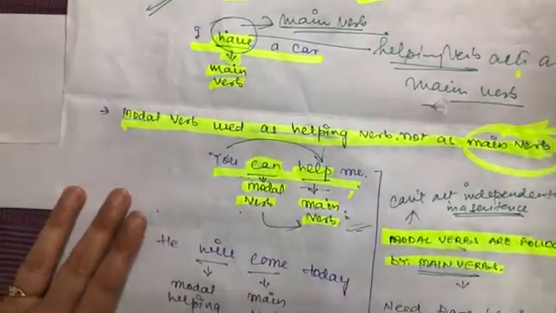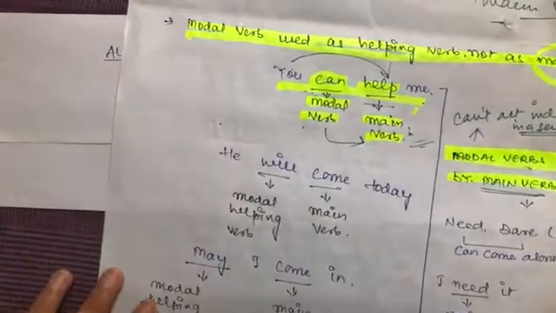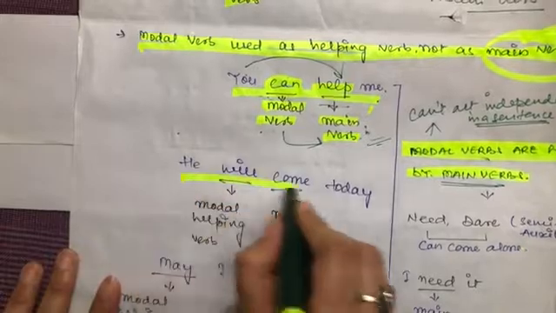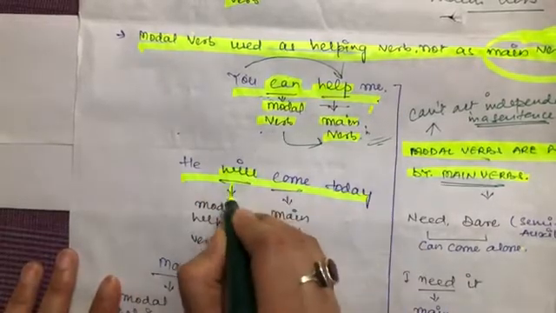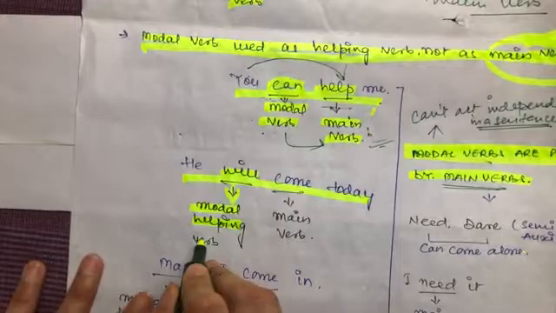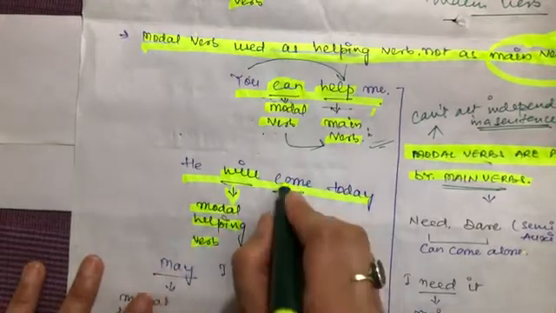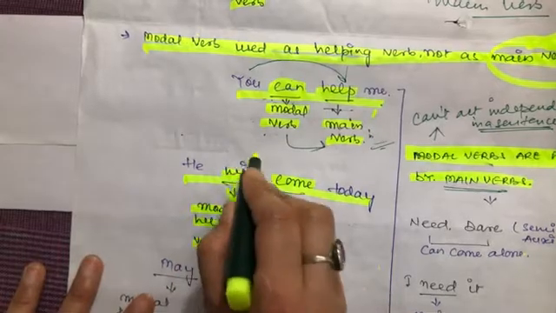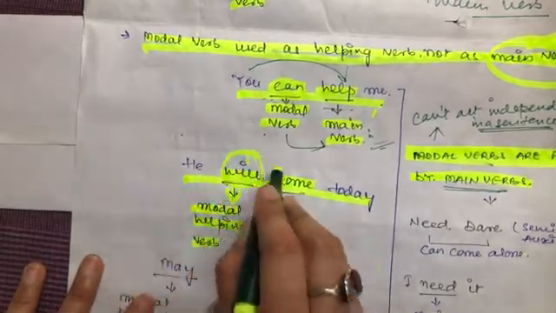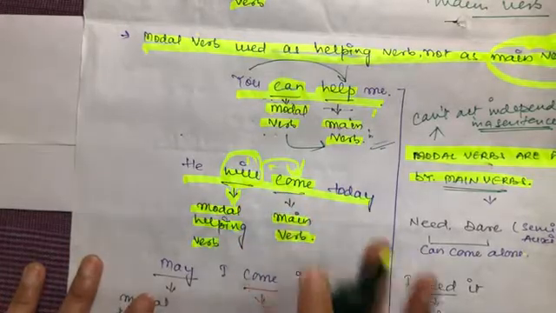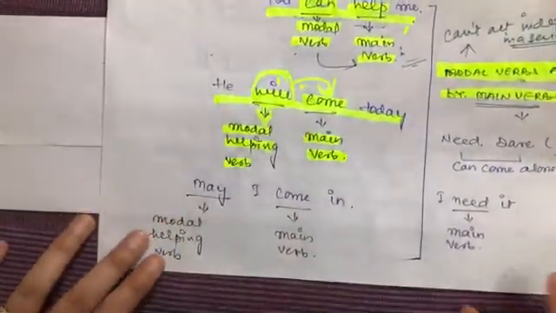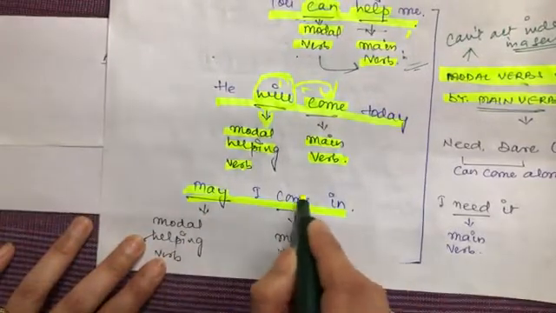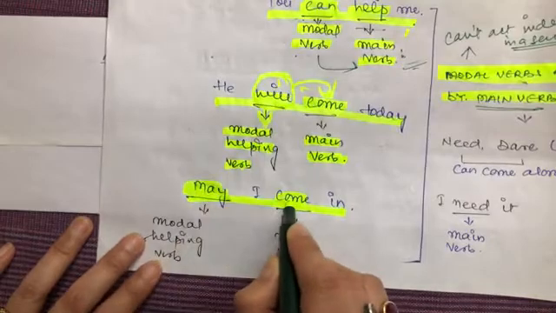Clear? Now let's take up another example. When I say he will come today, here will is the modal or helping verb which is showing the future, and come here is the main verb. This verb cannot work without this main verb come. Another example: may I come in?